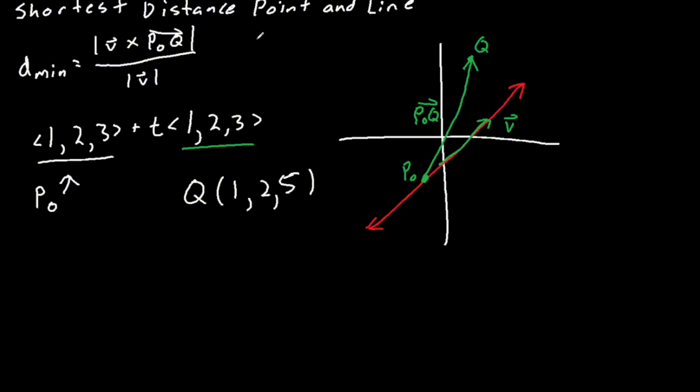And for this, we're actually trying to find the distance between this point Q and the line. The shortest path between Q and a line will be anything that's just straight towards the line like this, and we are finding this distance here, d min.